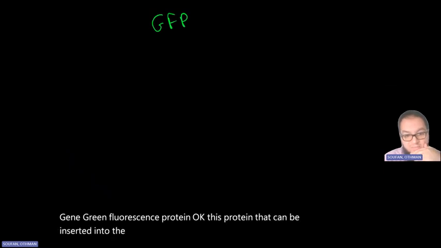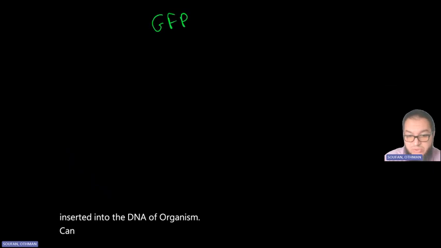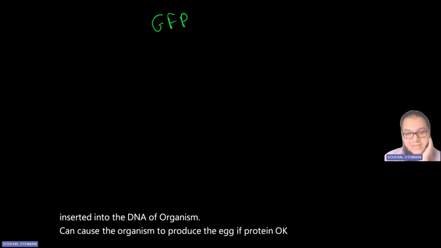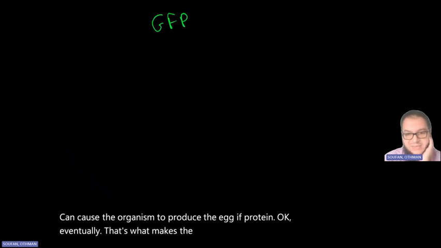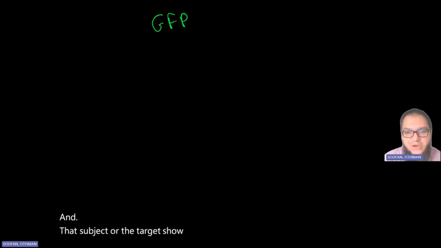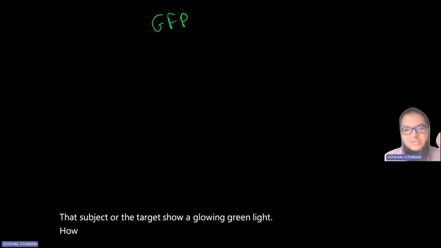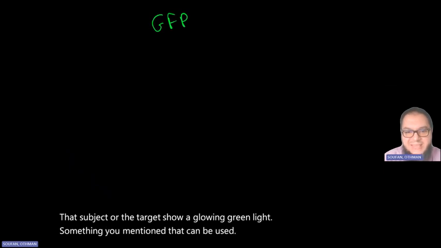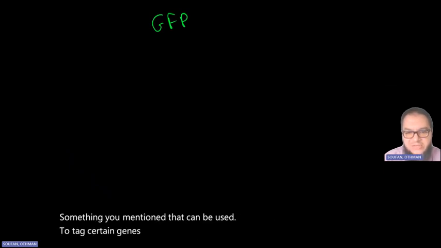This protein that can be inserted into the DNA of an organism can cause the organism to produce the GFP protein. Eventually that's what makes the subject or the target show a glowing green light. Something I mentioned that can be used to tag certain genes, this kind of strategy.